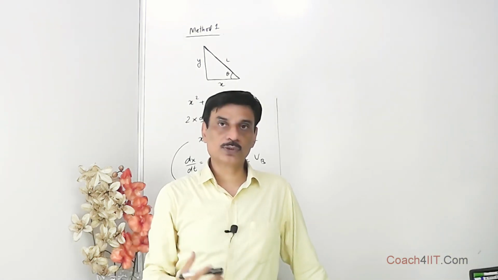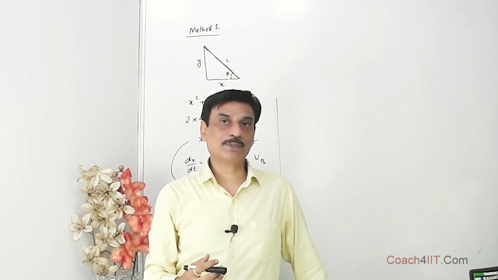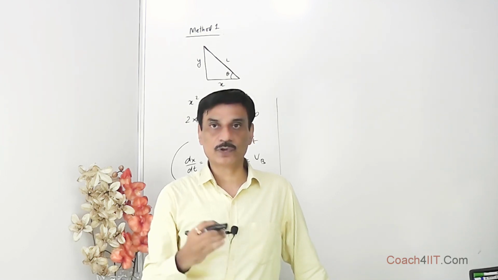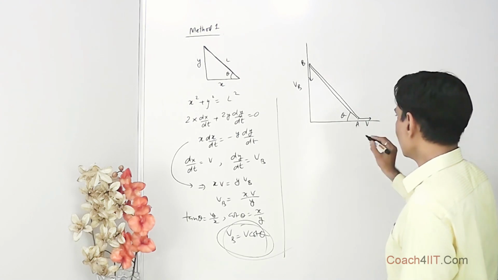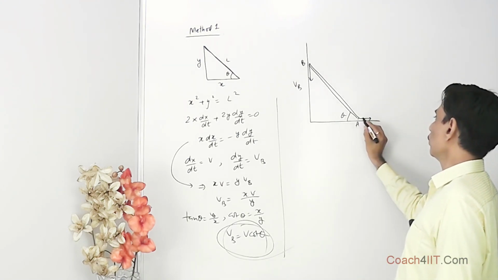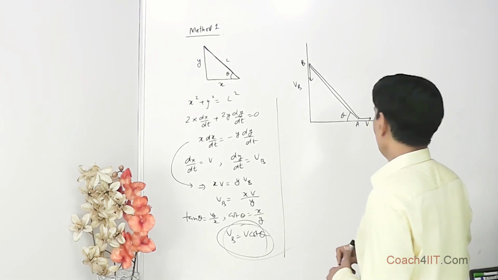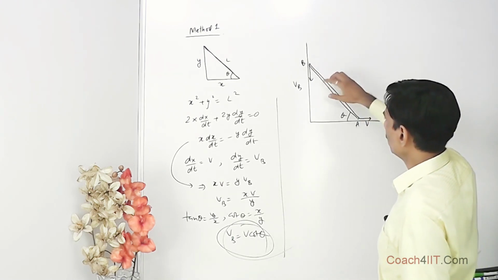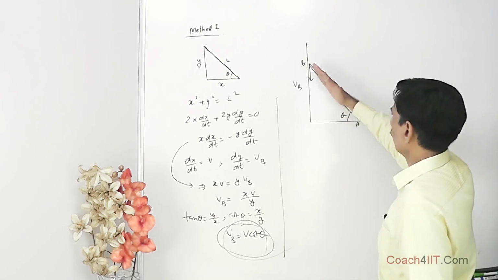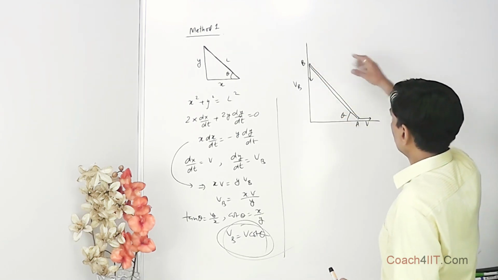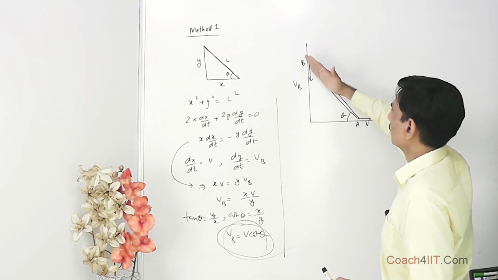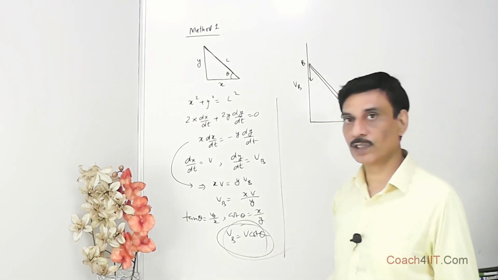We can also do this question by using the concept of instantaneous axis of rotation. At this instant, this end is moving with velocity V in this direction and the other end is moving in this direction, so we can assume the whole rod to be rotating about some instantaneous center, with some angular velocity.